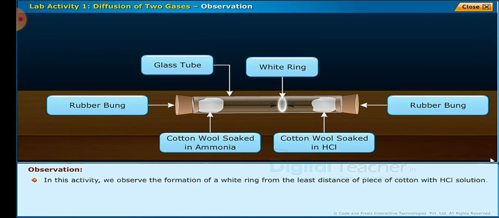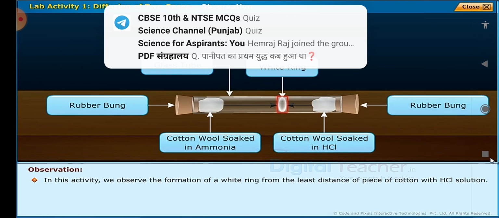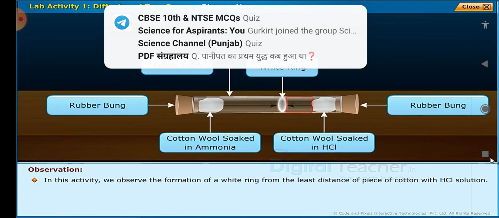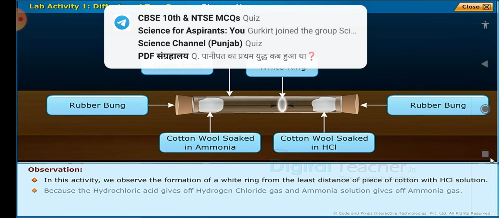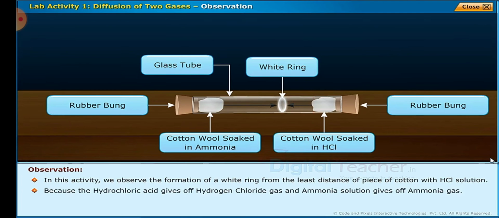In this activity, we observe the formation of a white ring at the least distance from the piece of cotton with HCl solution. Because the hydrochloric acid gives off hydrogen chloride gas and ammonia solution gives off ammonia gas.